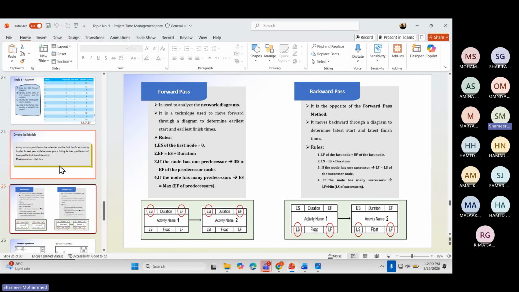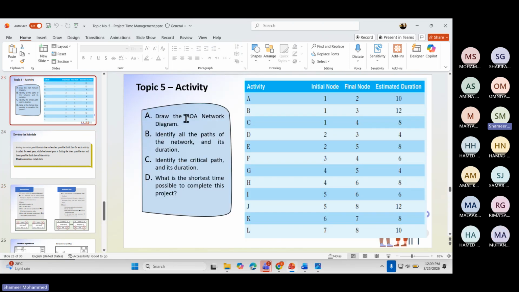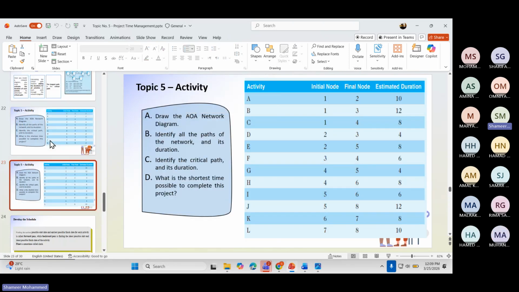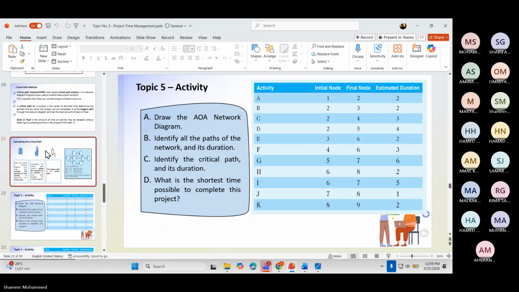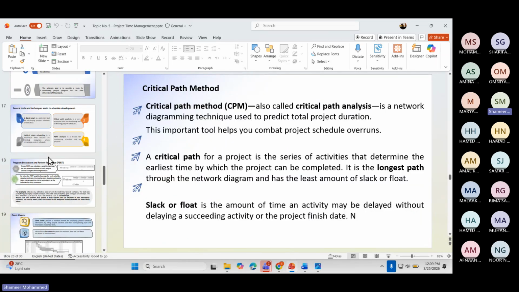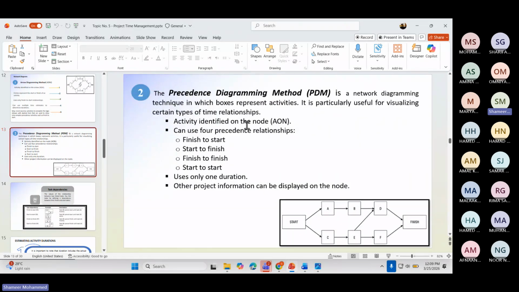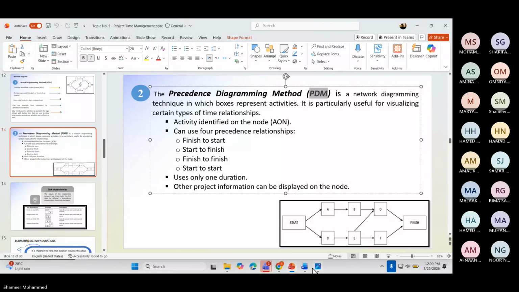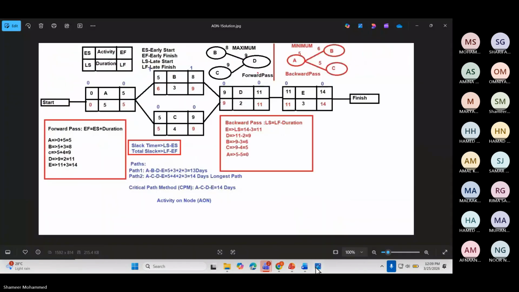What technique is this one? This is called activity on, sorry, not this one. Precedence diagramming method or activity on nodes. This one, PDM, right? So this is the one.